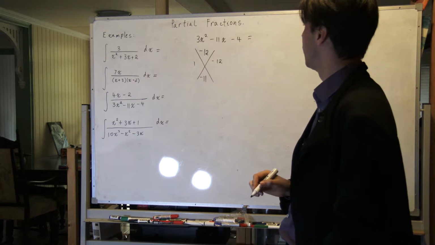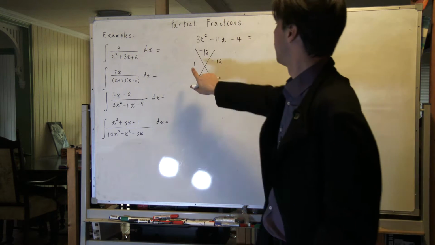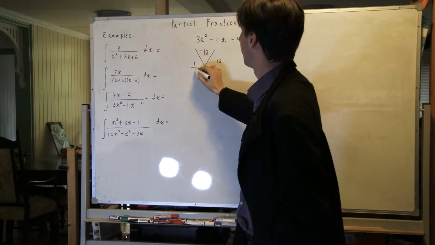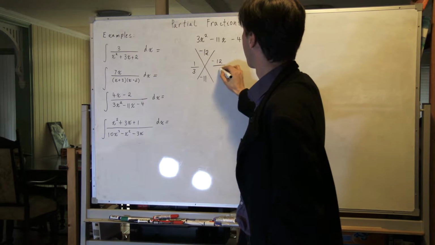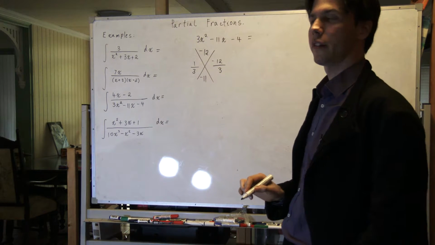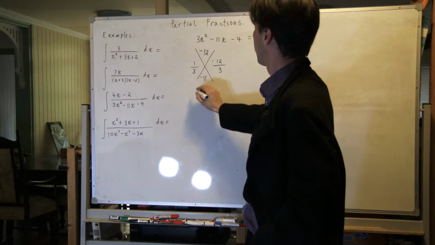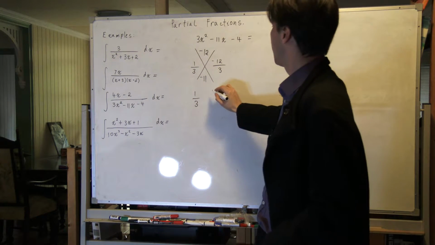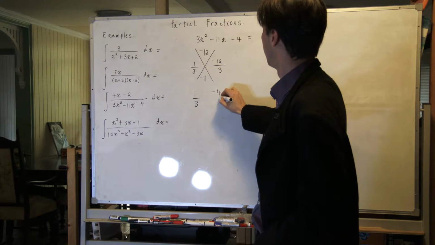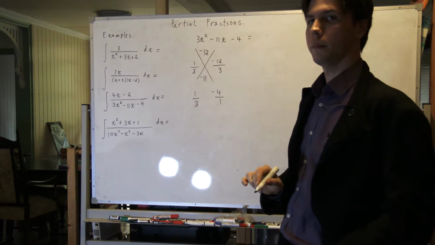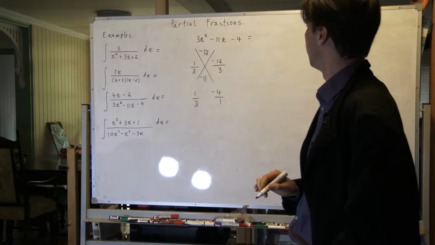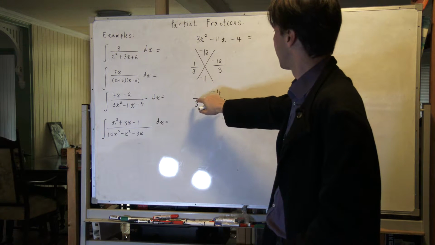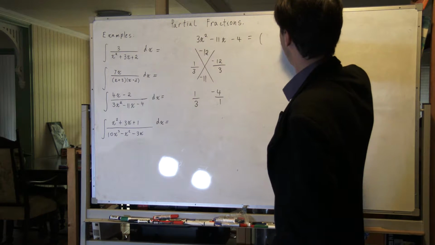Now what I do is I divide those two numbers by the quadratic coefficient, and then I simplify them. So 1/3 is already in its simplest form, and -12/3 becomes -4/1 in simplest form. And now each of these fractions describes a factor.